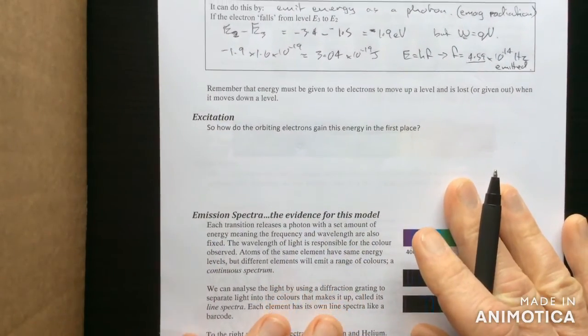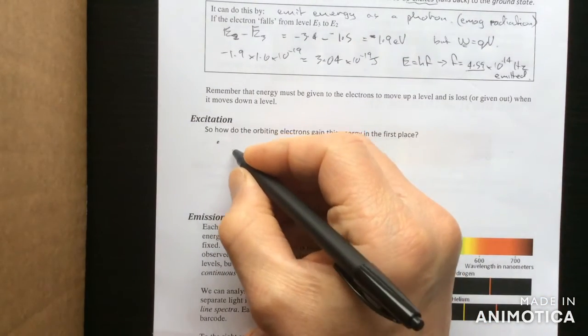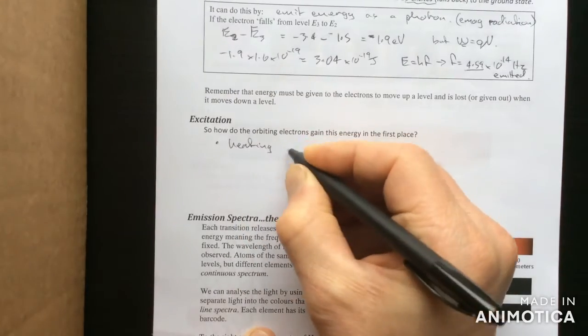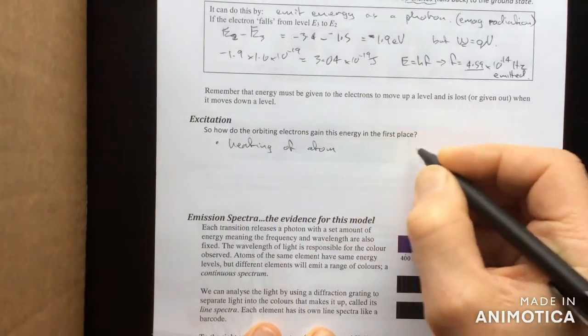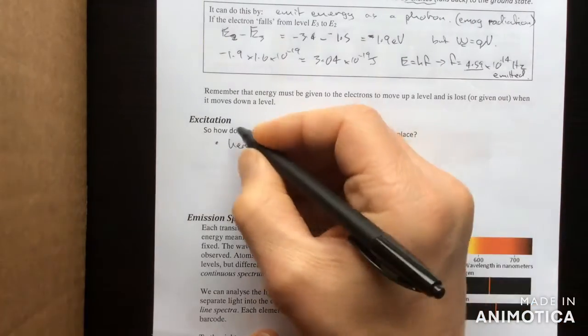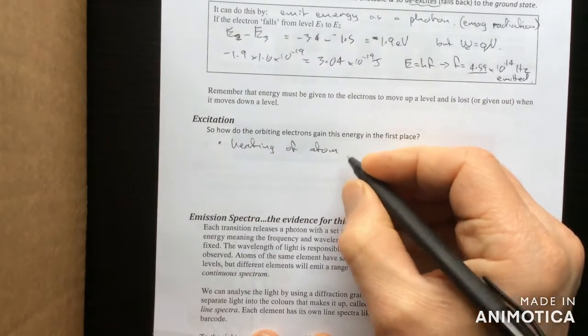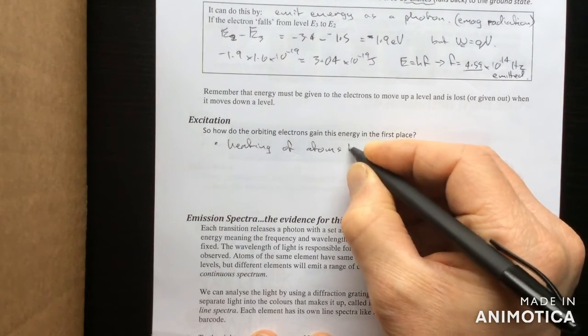The crucial bit in the first place is how do you get it excited in the first place? You have the heating of the atoms, and we should say excitation of any of the atoms, but heating of the atoms is a bit random, I should say.